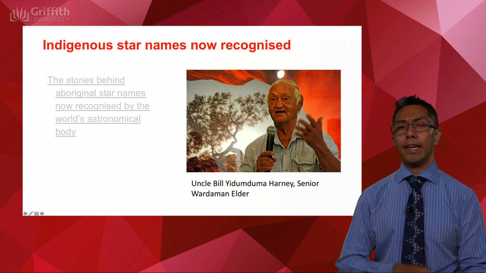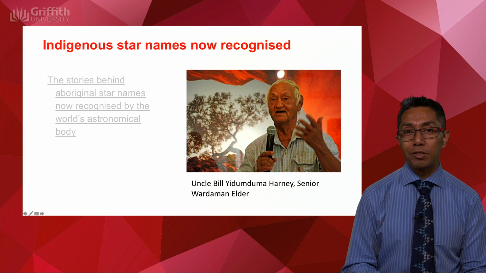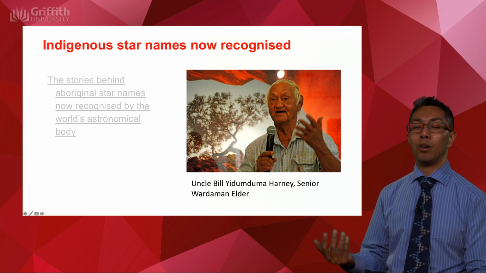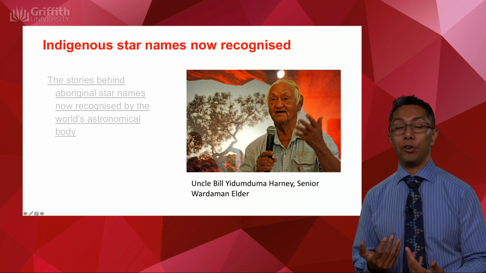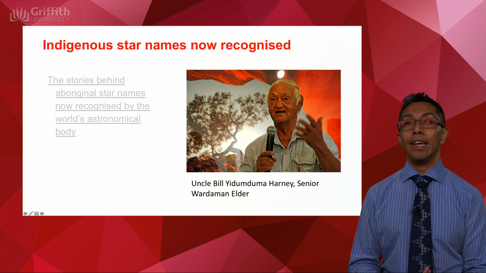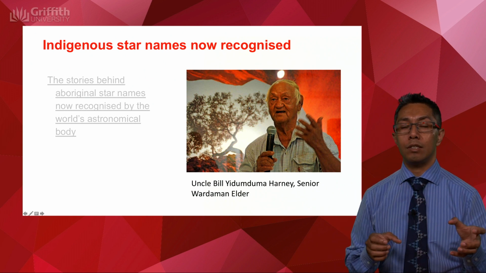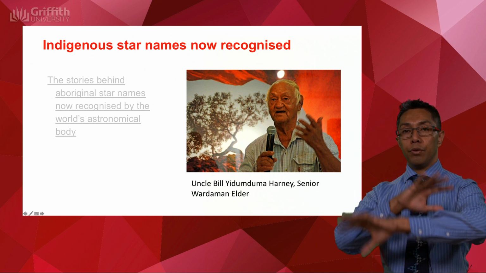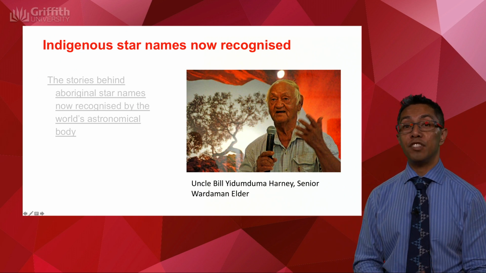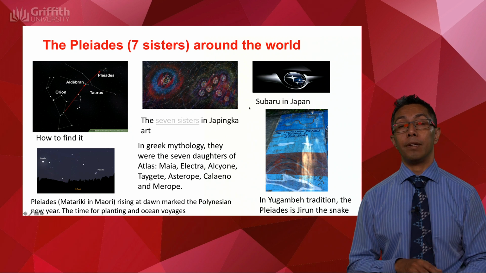He's an American. He's really interested in Australian Indigenous astronomy, and he's done a whole heap of work working with Indigenous people such as Uncle Bill here, in terms of recording that story and getting that really important Indigenous knowledge into the more general astronomical knowledge, and it's just really enriching our understanding of astronomy.